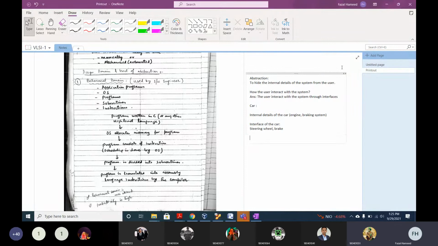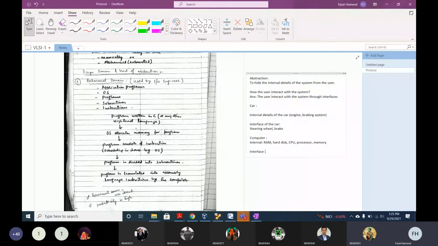Now let's give another example, a computer. What is inside the computer? Sir, RAM, hard disk, processor, memory. How do you interface with the computer? Keyboard, mouse, screen.